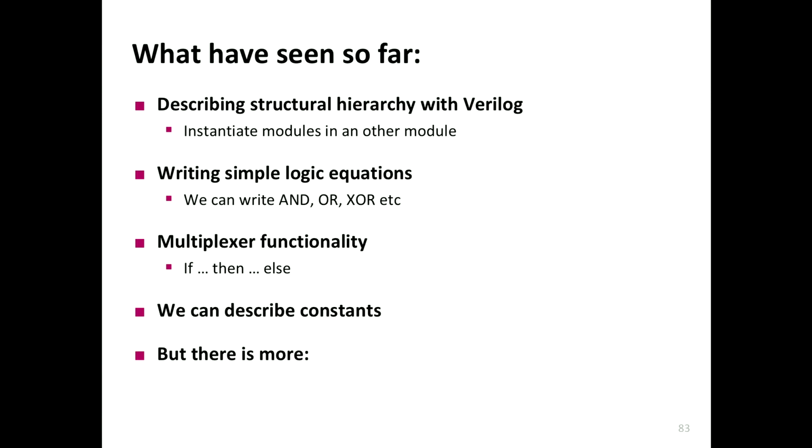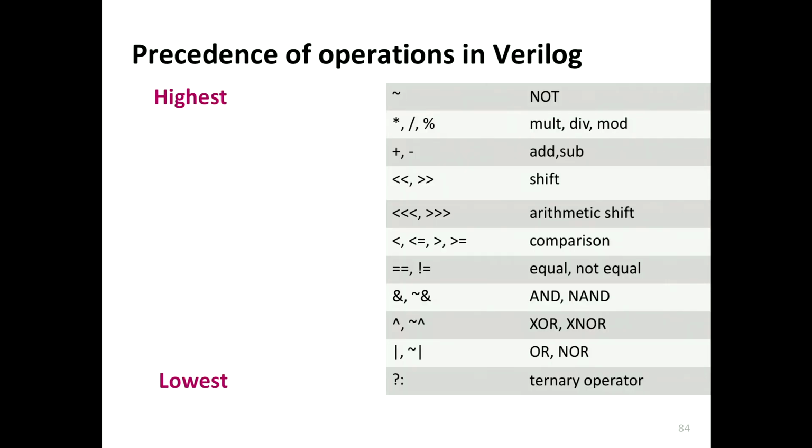And we can also describe constants with the number representation. But there's more. Whenever you write a statement with multiple expressions, multiple operations, there is an order of precedence. This is slightly different from typical programming languages.